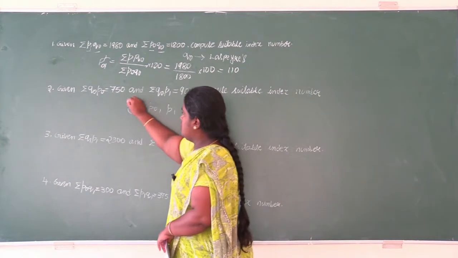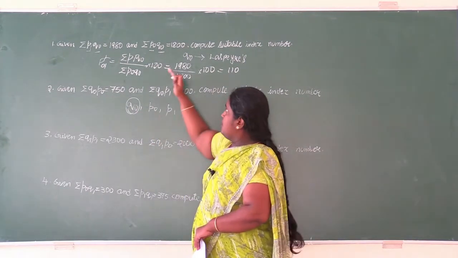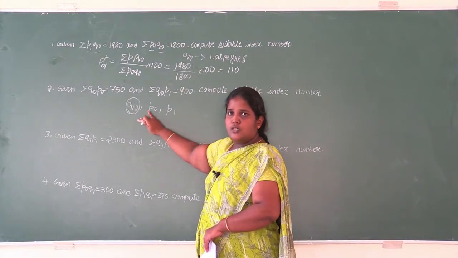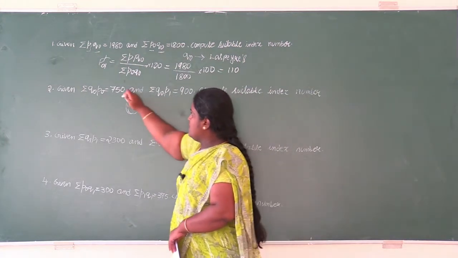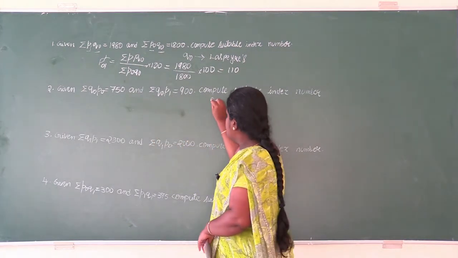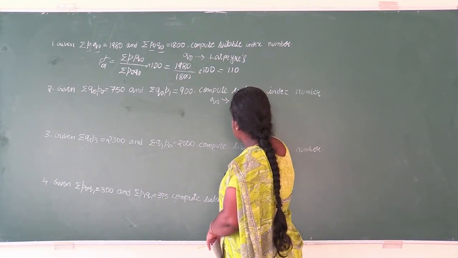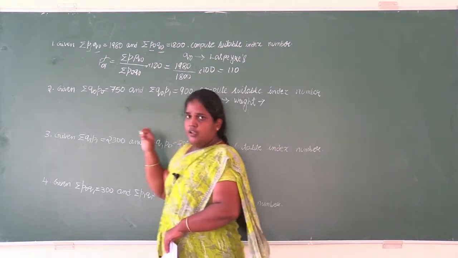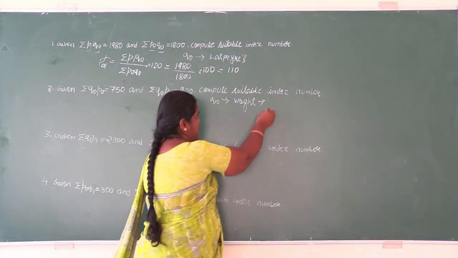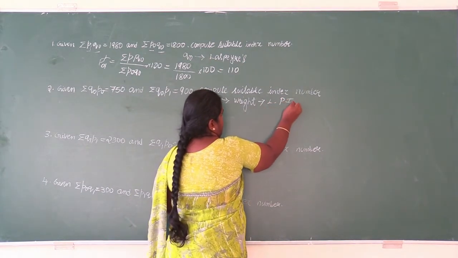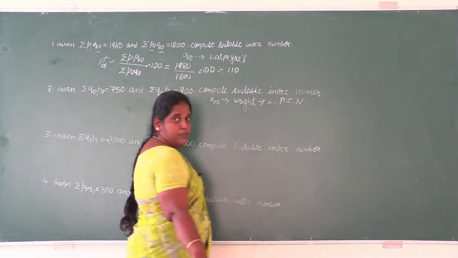It is Q0. So it is similar to the previous method. Q0 is the weight. So Q0 weight means we have to use last year's price index number. Q0 is taken as weight in last year's price index number.